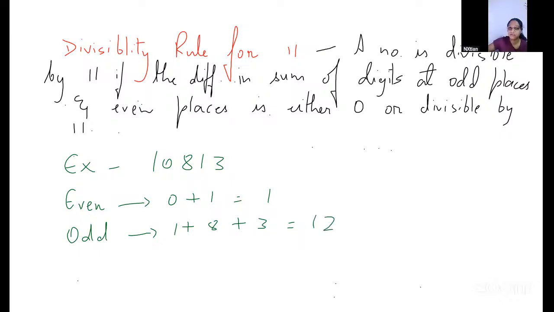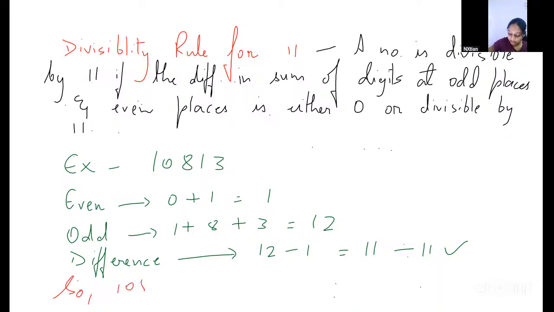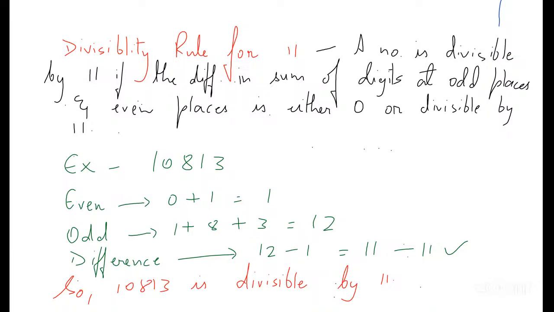The difference would be 12 minus 1 equals 11. Is 11 divisible by 11? Yes. So 10813 is divisible by 11. Understood how it works? Divisibility rule for 11. Hope it's clear.